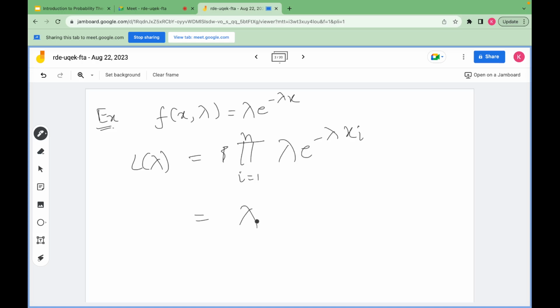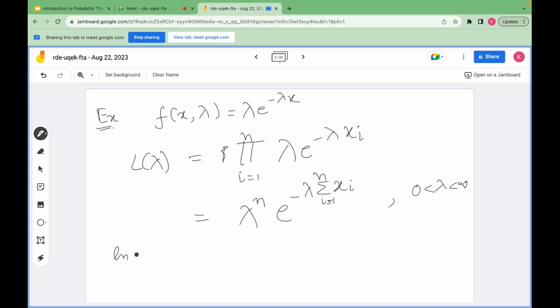This is nothing but lambda to the power n times e to the power minus lambda into the summation of x_i from i equal to 1 to n, where lambda is from 0 to infinity.